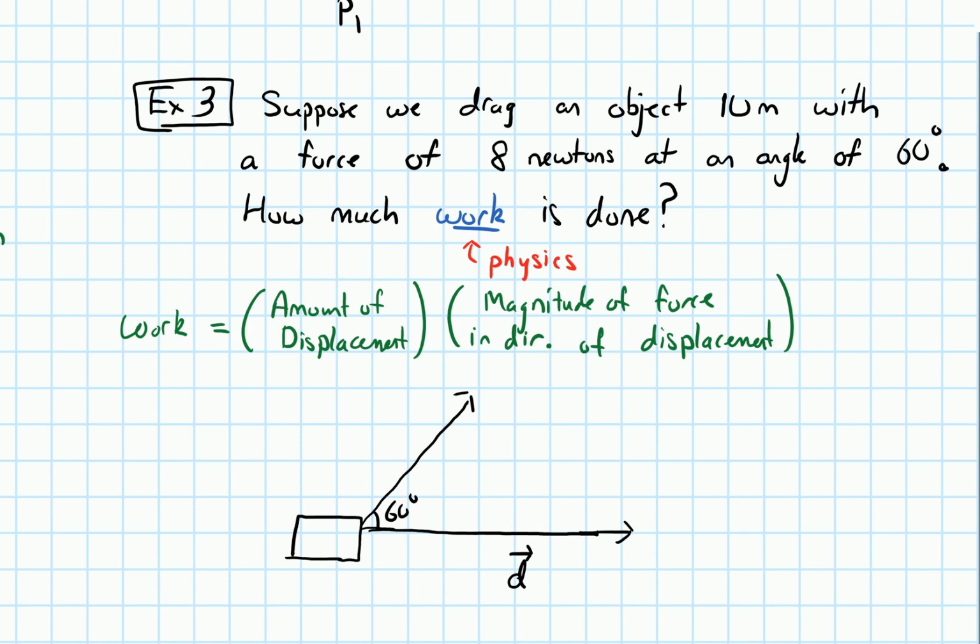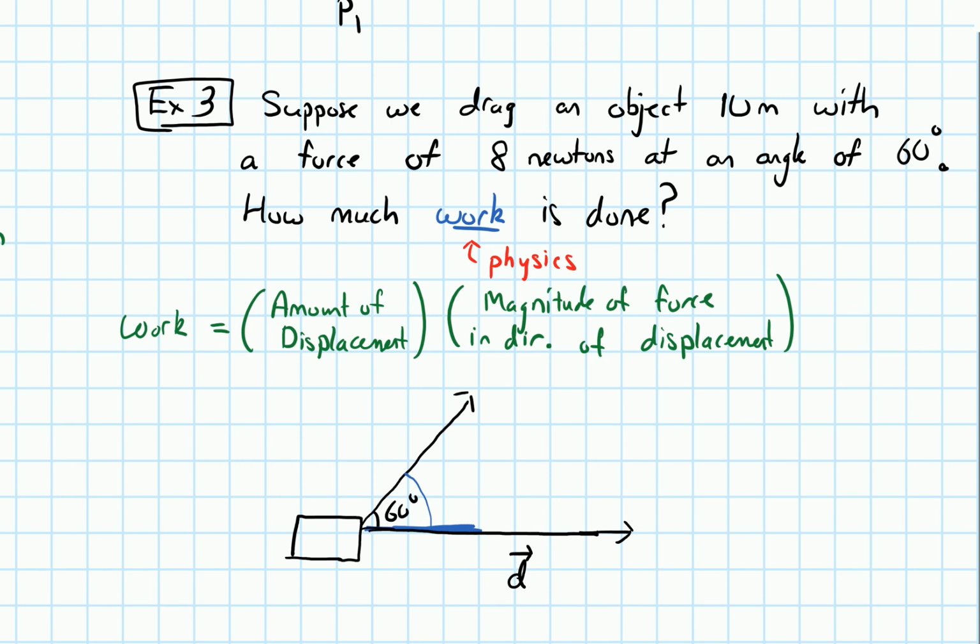So the angle that's given to us is the angle relative to the direction that the object is moving. In this case, the object is moving in this horizontal direction, so the angle is relative to this horizontal line, and that angle needs to be 60 degrees.